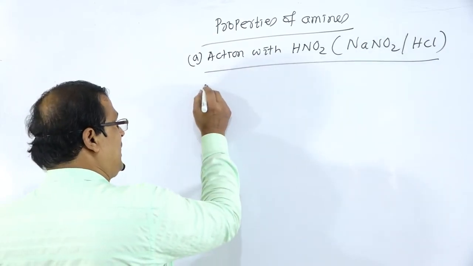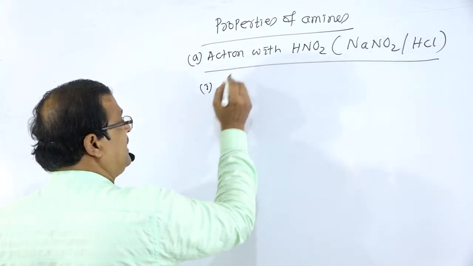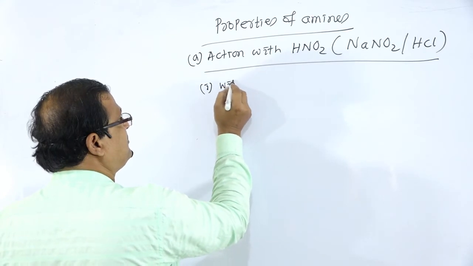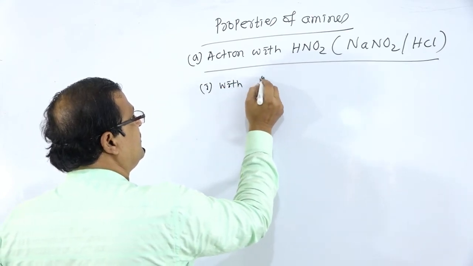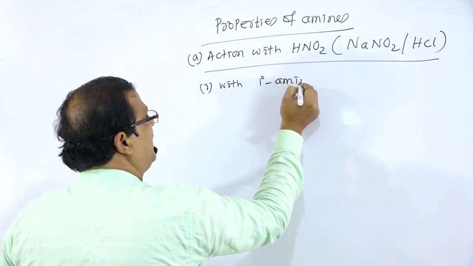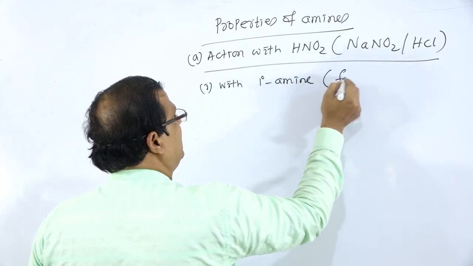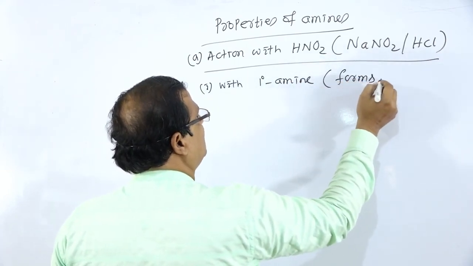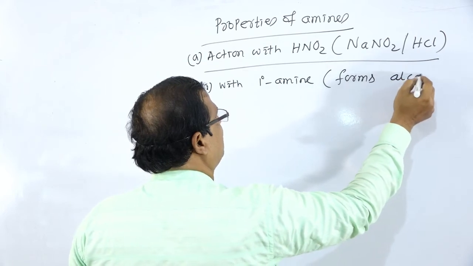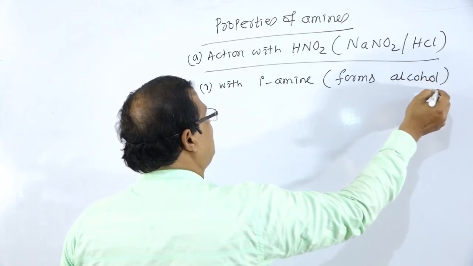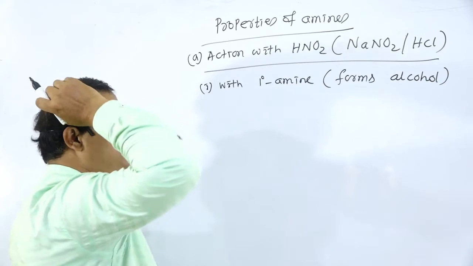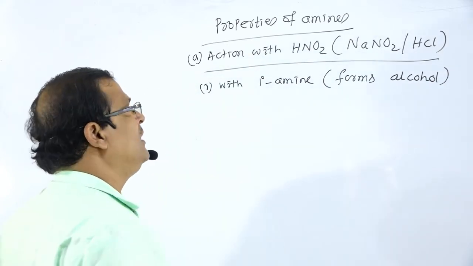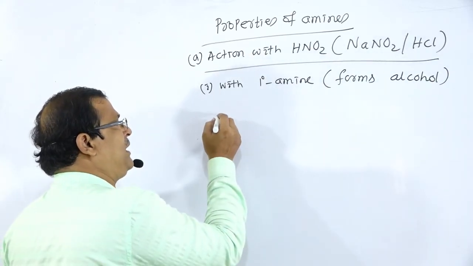First, the action with primary amine: it has the ability to form alcohol. Already we have explained that reaction during the methods of preparation of alcohol.